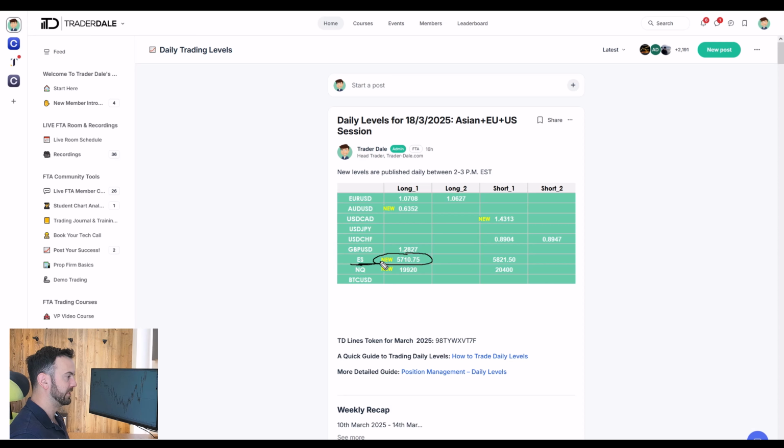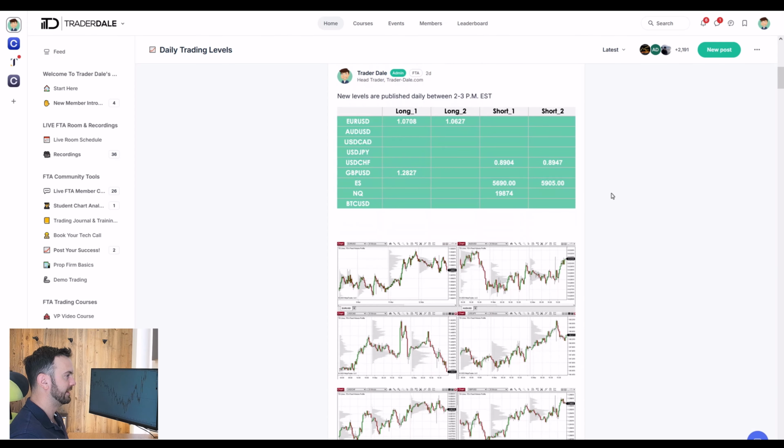That's the prediction which I sent out yesterday. And the previous level, that's a short on the ES. So again, ES short 5690. This was using the old contracts. So now we have new contracts, but this was the old contracts.